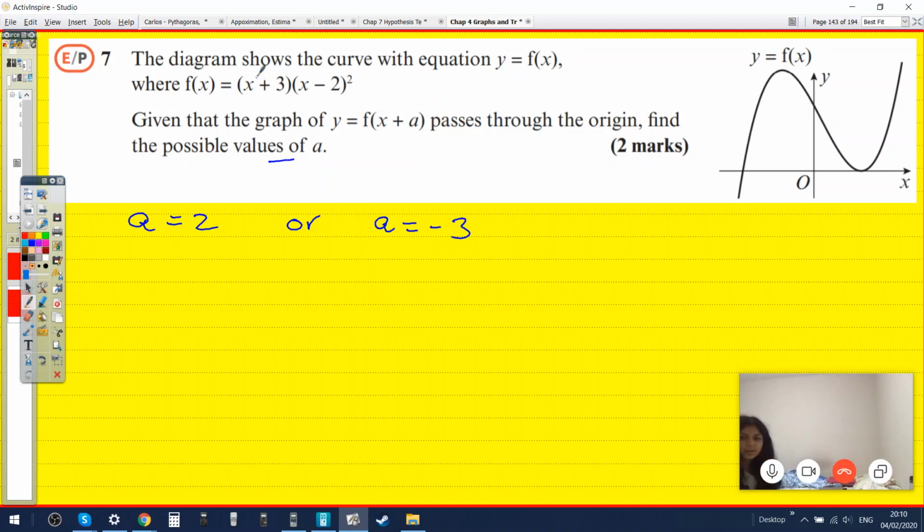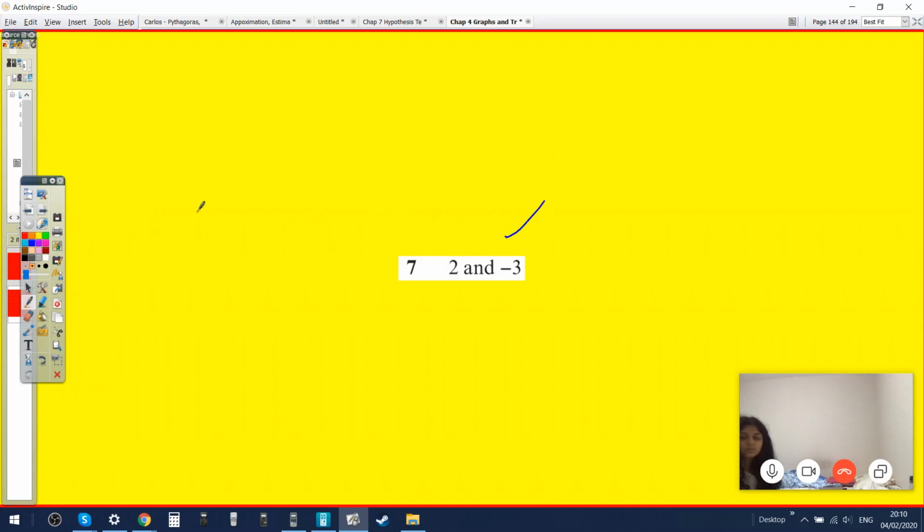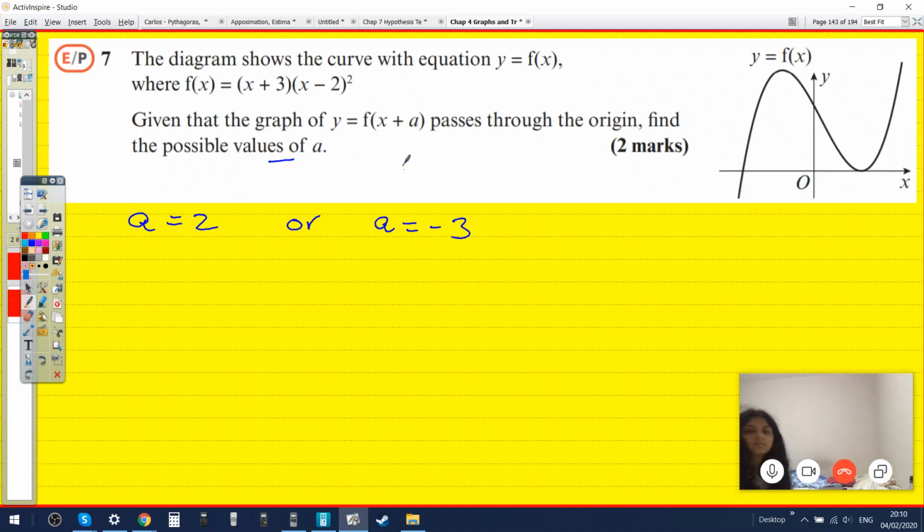Yeah, essentially that would have to be -3. X would have to be -3 to make this 0, or 2 to make this 0. 2 or -3. Yeah, 2 and -3, because it works the opposite way. Any questions about that? Everything okay there? Okay.